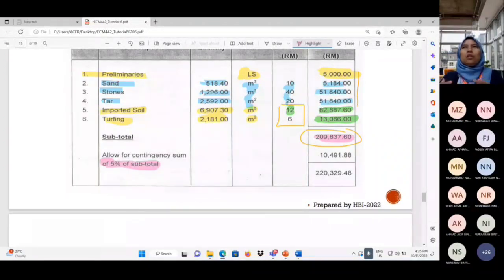Okay, so this contingency sum ni adalah peruntukan kewangan yang kita perlu sediakan sekiranya berlaku anything, uncertainty, perkara yang tidak dijangka.